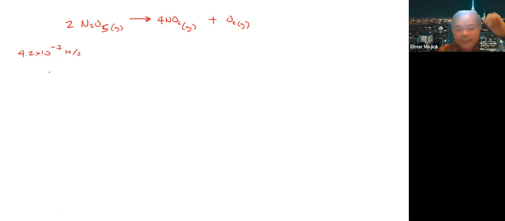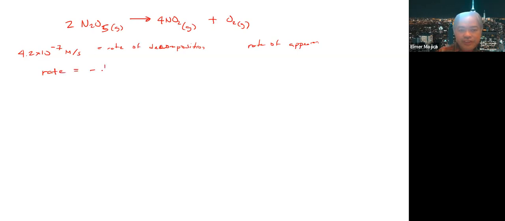So yan yung we could say rate of decomposition. So you are asked what's the rate of appearance.